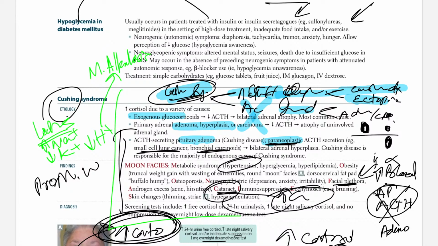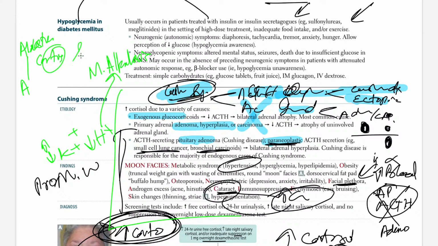And metabolic alkalosis. All of these extra labs that I'm mentioning here are due to the fact that when you stimulate your adrenal cortex, you're stimulating all the hormones. So you're not only stimulating your cortisol, but you're also stimulating your aldosterone and your sex hormones.